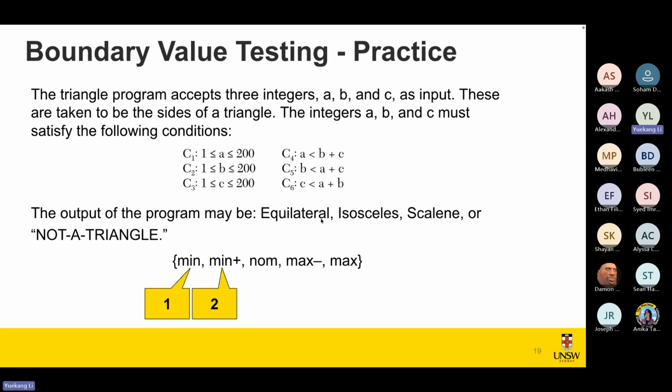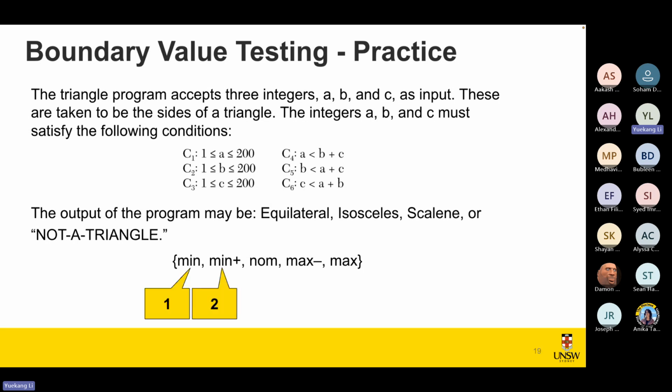And if only 2 sides are the same, but the third one is not the same, then it's called isosceles. And if none of the sides are the same, then it's scalene. Or if the constraints are not met, it will output not a triangle. So the three numbers cannot form a valid triangle here.